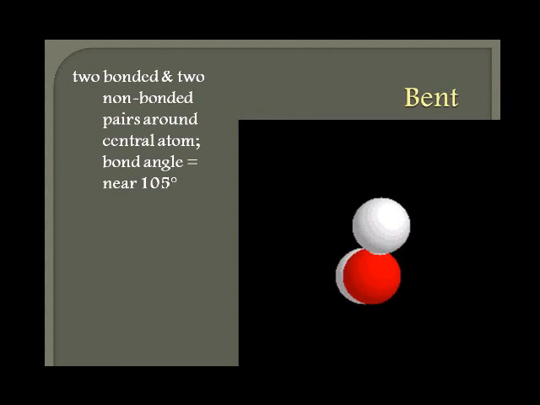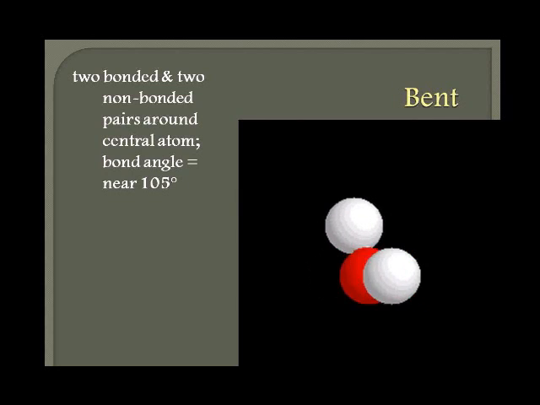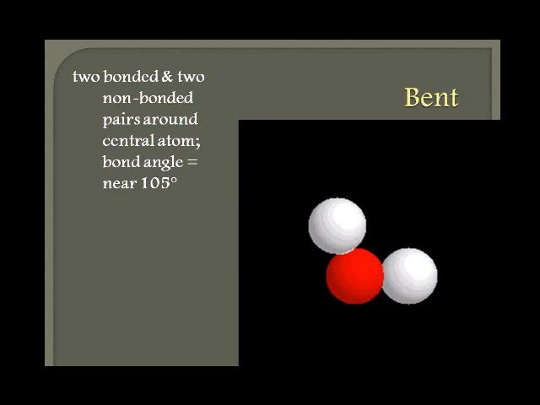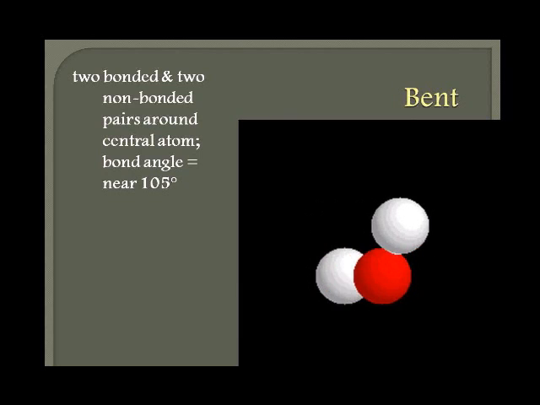If we have 2 bonded atoms and 2 non-bonded pairs around the central atom, the molecule will be bent, and the bond angle is close to 105 degrees. This would be something like water, H2O.